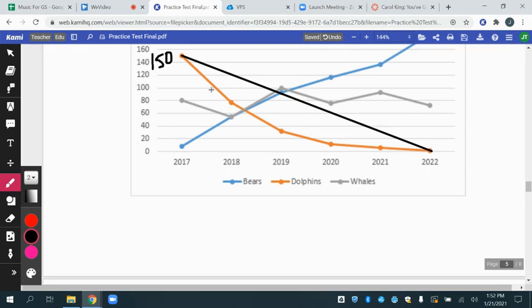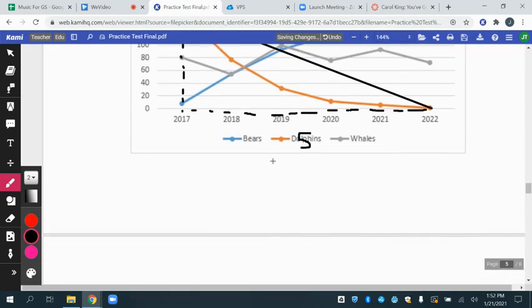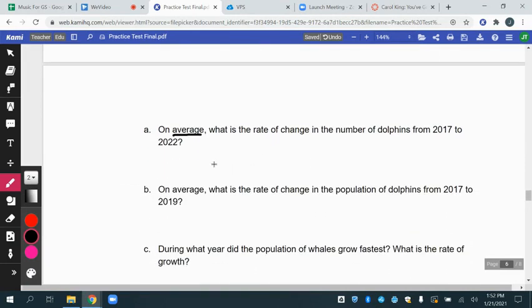But if they lost the same amount every year, that would be an average. So if they lose 150 dolphins over the course of 5 years, how much do they have to lose each year?